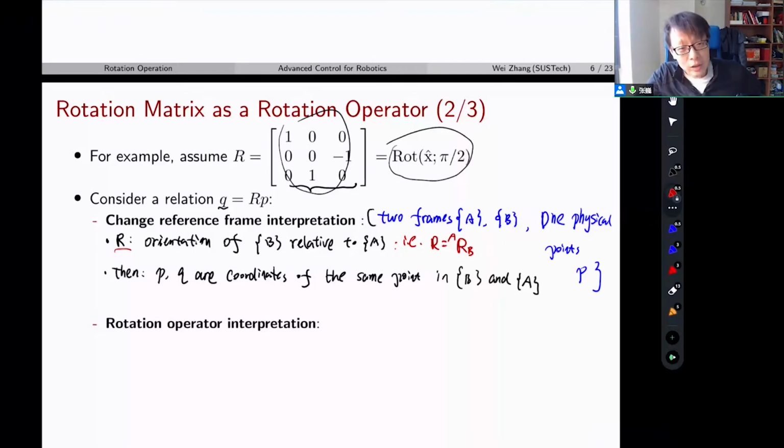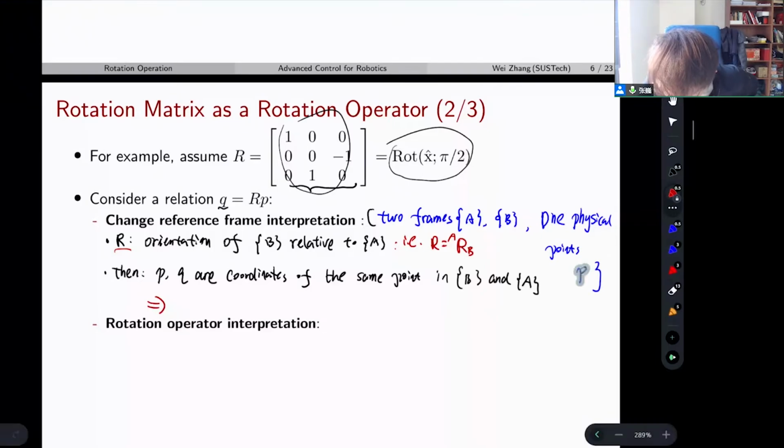So in this case, it's not an action or operator, it's just the orientation of B in A. And we derived why this can be used for change of coordinates. Let's call this same physical point A. Then in this case, P is A in B, and Q means the same point in A.